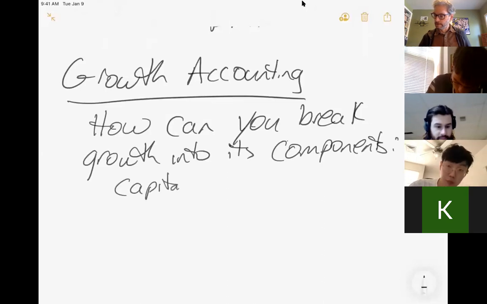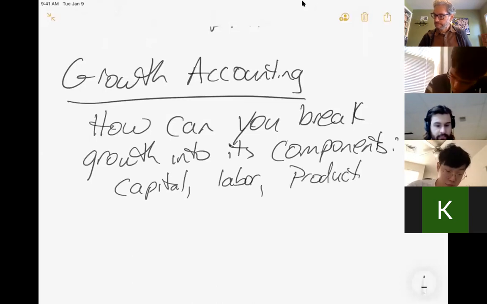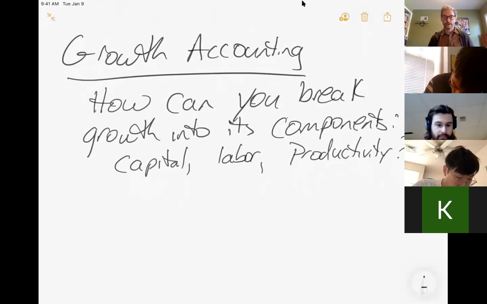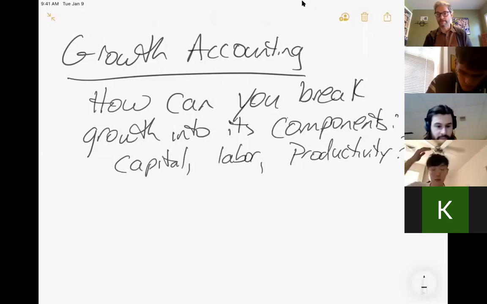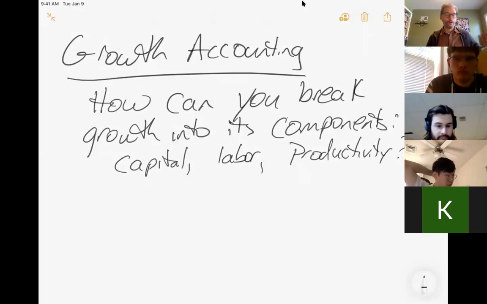Capital, labor, and productivity. Can we actually say which of these is most important, right? Which of these is most important? What's happening to each of these over time, right? So this is an empirical question that we're talking about. Can we observe in the data how important capital is to growth, how important labor growth is to growth, how important productivity growth is to growth, okay?